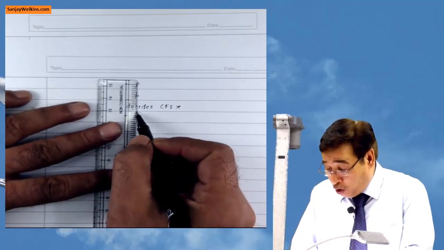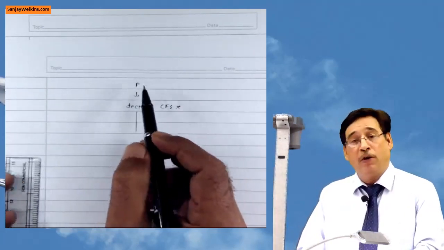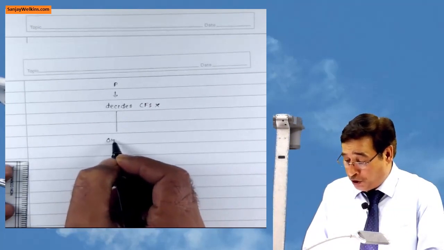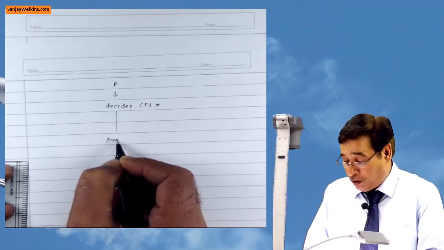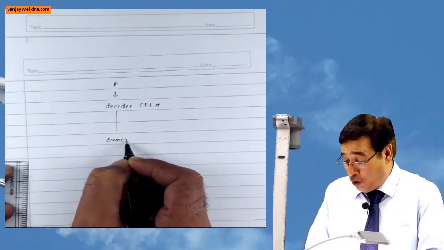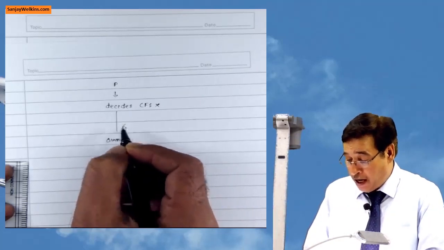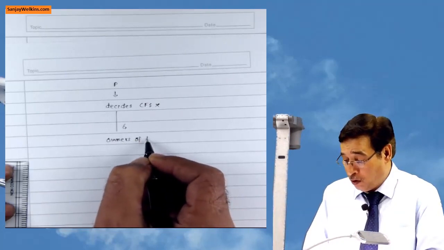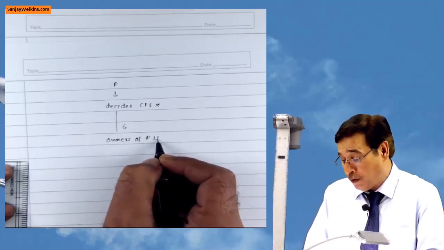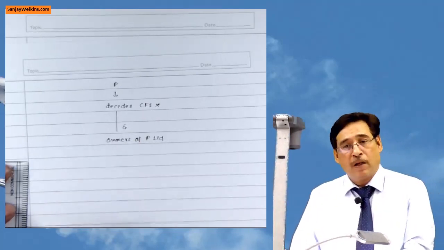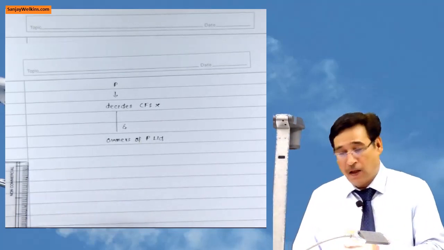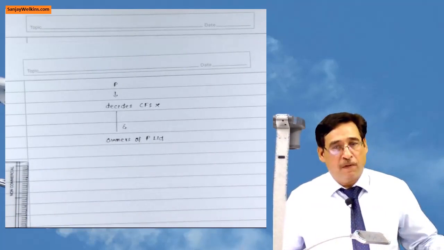And the owners of P Limited, owners meaning shareholders, stakeholders, decide that they have no objection.